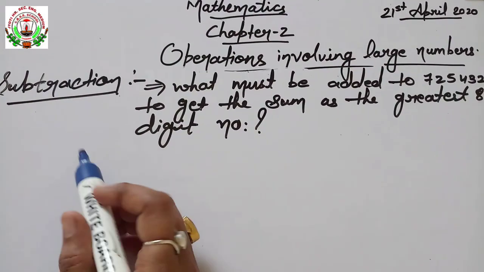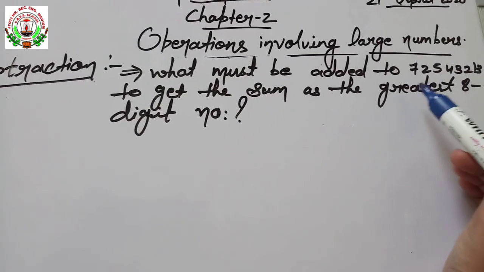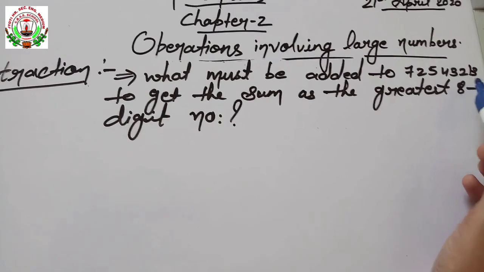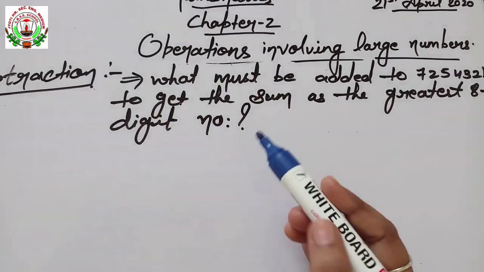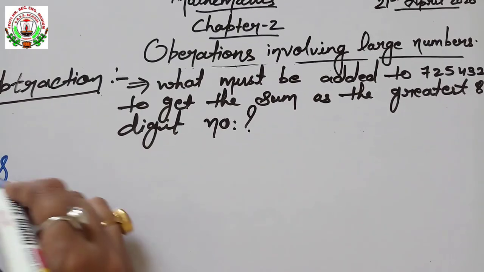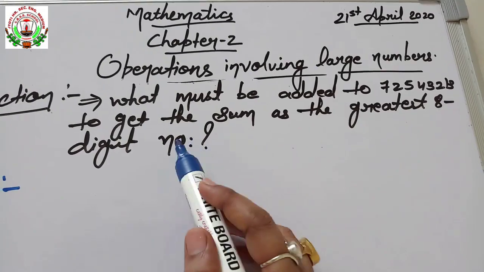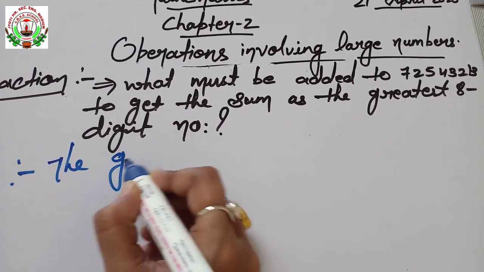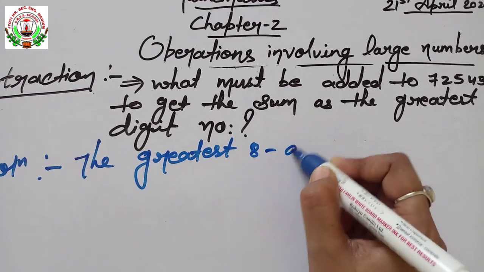Here I have taken one question. What must be added to 7254321 to get the sum as the greatest 8-digit number? So here, solution, let me explain this. First we will write here the greatest 8-digit number.